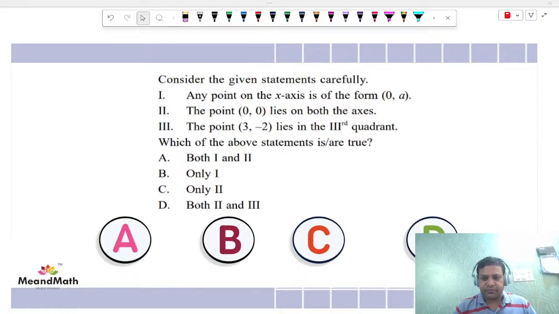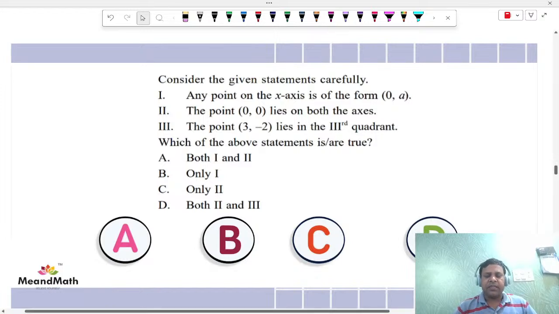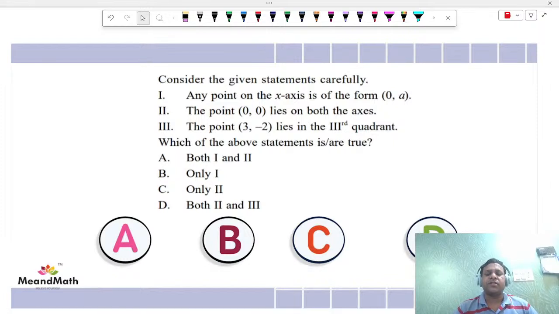Consider the following. There are three statements in this question. You have to choose which one is true, which one is false. Any point on the x-axis is of the form 0, a. The point 0 comma 0 lies on both axes.